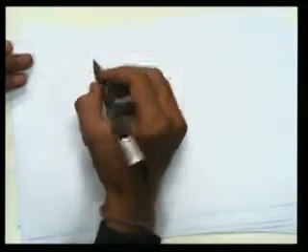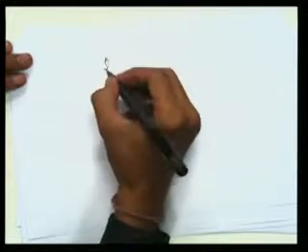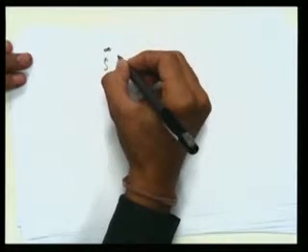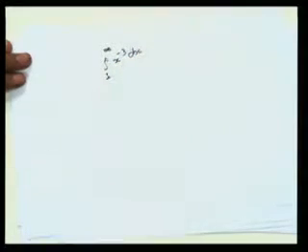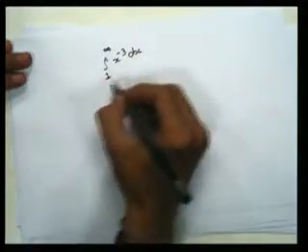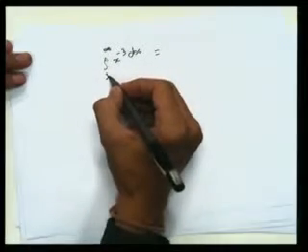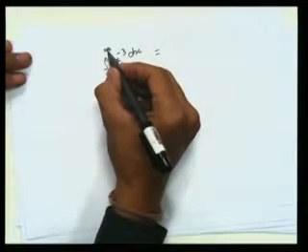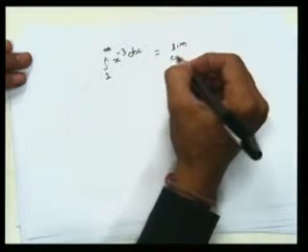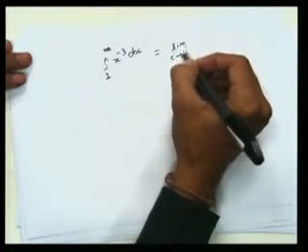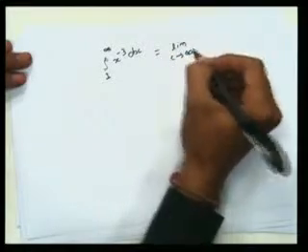Suppose we have the integration from 1 to infinity of x raised to minus 3 dx. Then we know that this is the first kind of improper integral because here the upper limit is infinity. So we replace this infinity by choosing some number c and then extending this number c towards infinity.